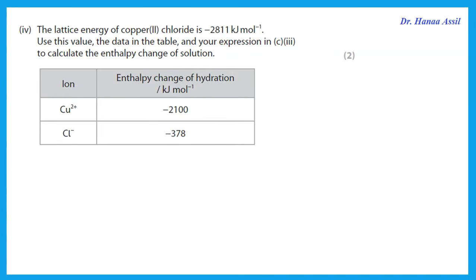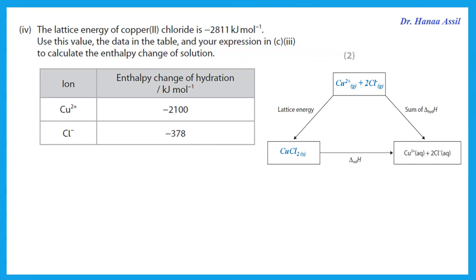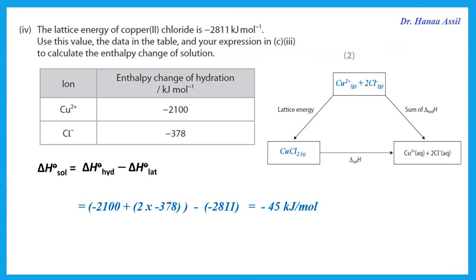The lattice energy of copper chloride is minus 2811 kilojoules per mole. Use this value, the data in the table, and your expression in C3 to calculate the enthalpy change of solution. So we already said that the delta H of solution is the sum of the delta H hydration minus the lattice energy. We are given the values for enthalpy change of hydration of copper.